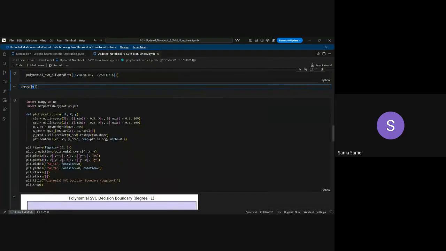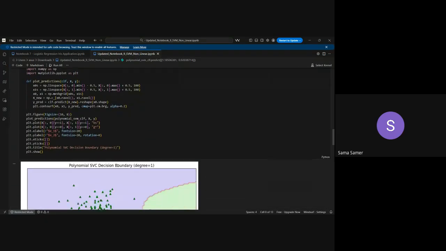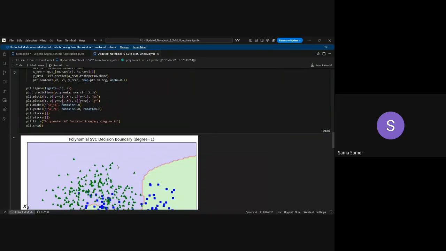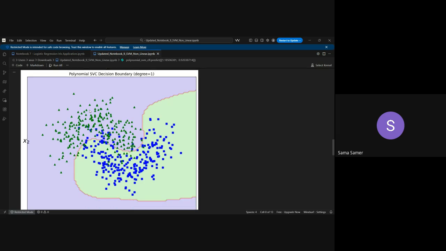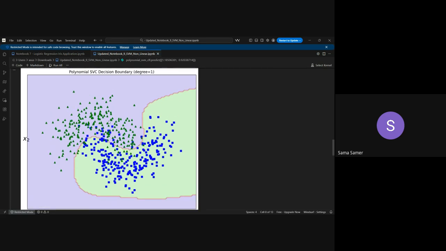And then here, we want to visualize how the SVM is done. You can see here that there are some penalties. The penalties come from the blue points inside the green triangles. But it is okay because I have used a soft margin to allow regularization.